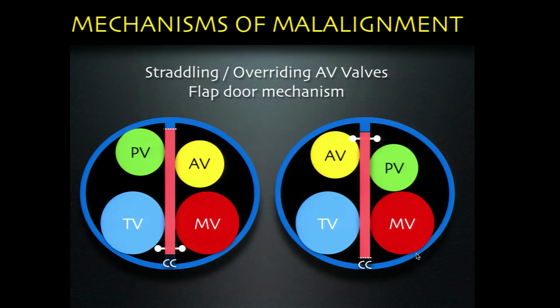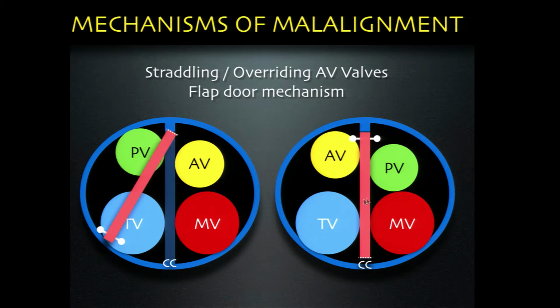So tricuspid valve straddling is different. Your hinge is anterior, and this rear door is open in such a way, as a flap door, which means that the ventricular septum divorces the crux cordis, and then you have a more posteriorly located ventricular septal defect with the tricuspid valve overriding and straddling. However, mitral valve straddling occurs in a completely different way.